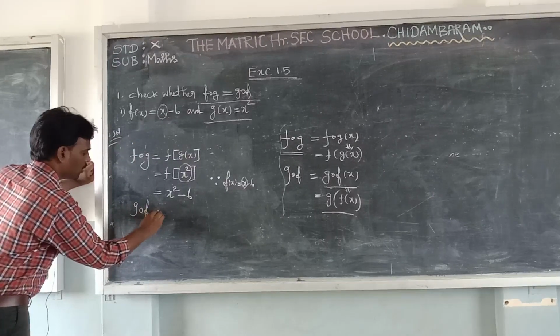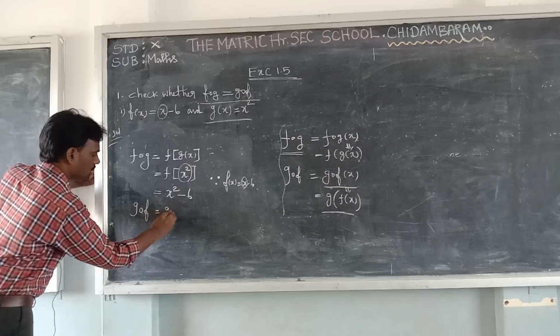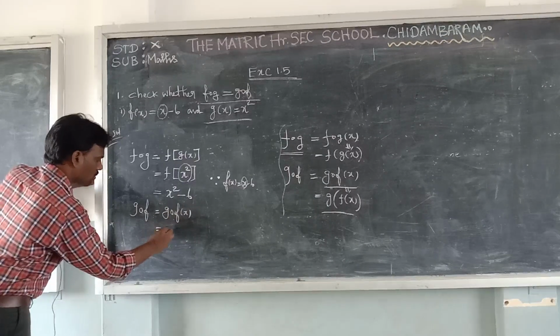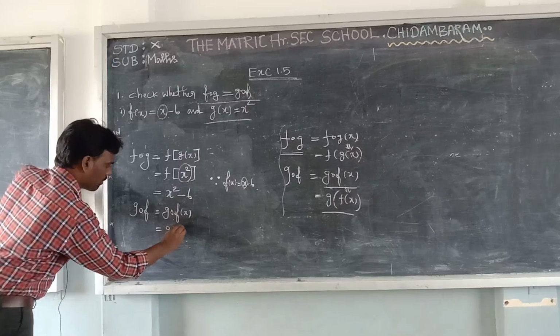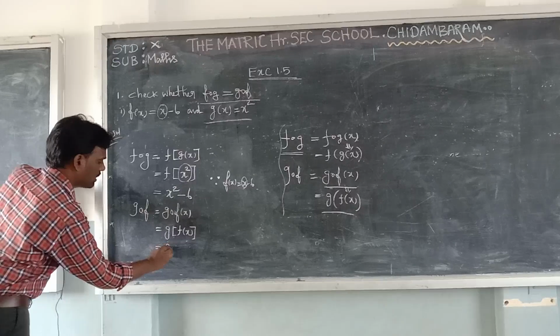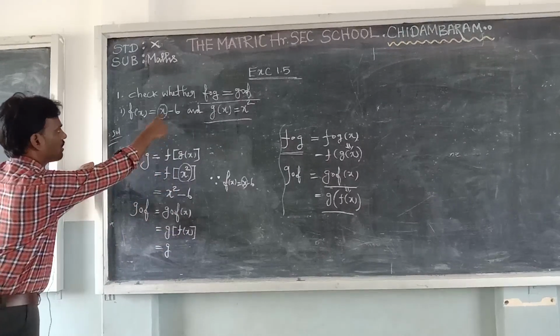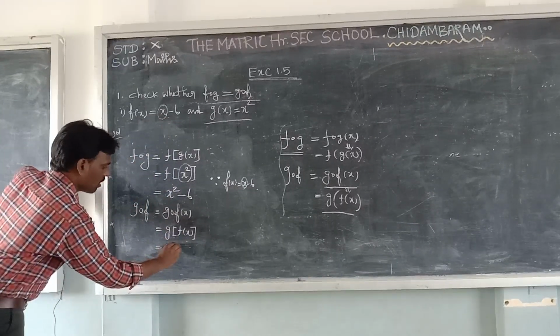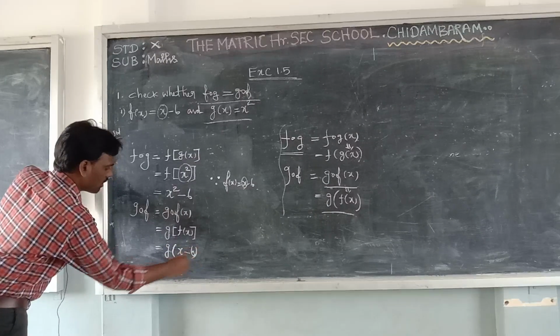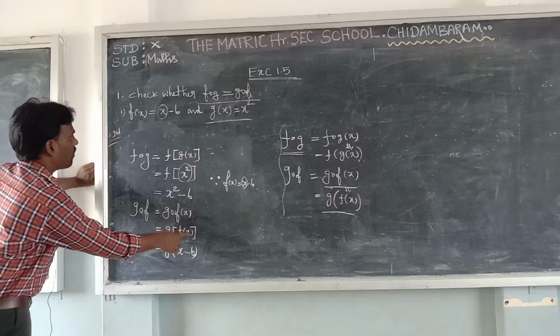G of f. So g of f can be written as g of f of x. So g is stable. What about f of x? F of x means x minus 6. G of f of x.